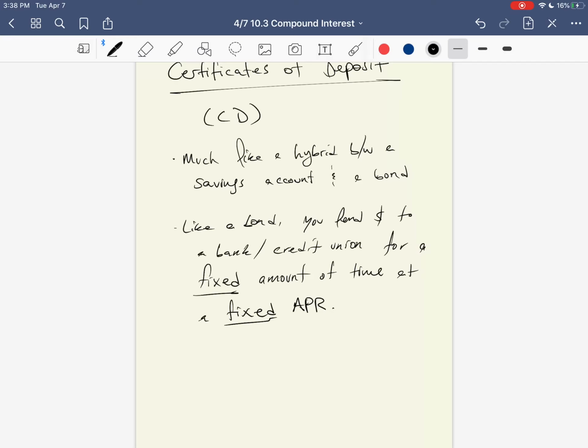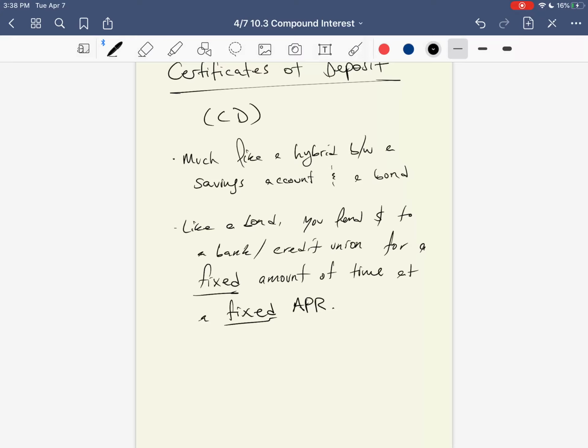When you buy a bond, you know the APR, you know the amount of time, and it will accumulate simple interest, so you can even just pay it all back in one lump sum. A certificate of deposit is like that. You have a fixed amount of time that you buy it for. You have a fixed annual percentage rate.